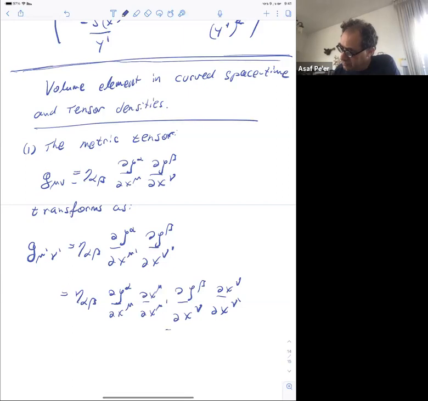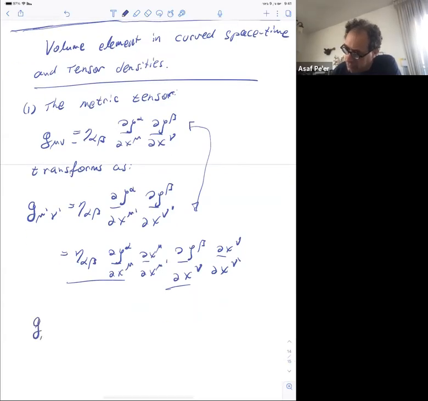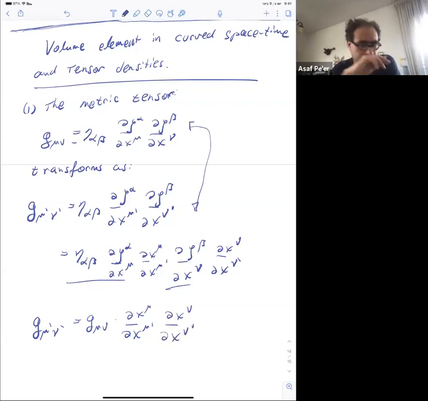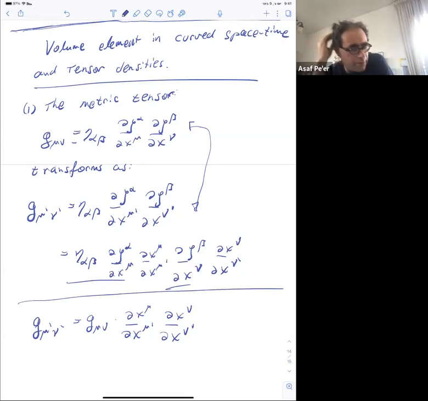So this is just this. We end up with g_μ'ν' is just g_μν times ∂x^μ/∂x^μ' times ∂x^ν/∂x^ν'. So we're not surprised at all that we discovered that g_μν is a fully covariant tensor, second rank.